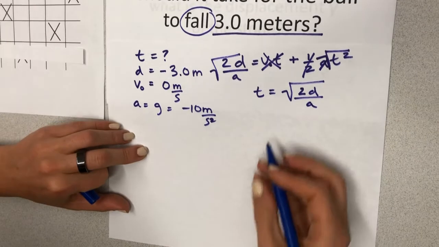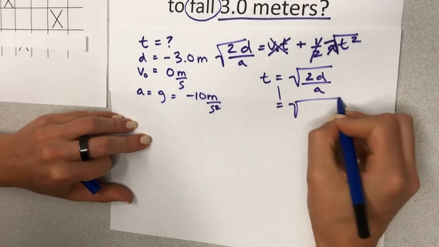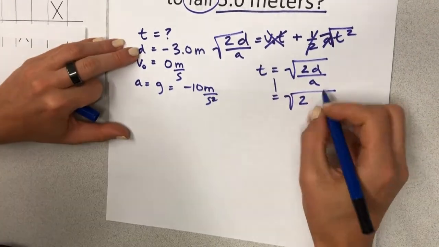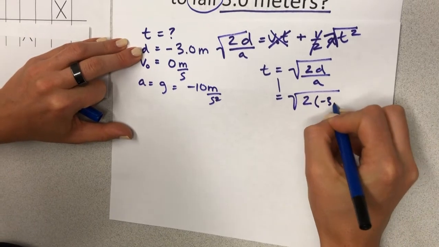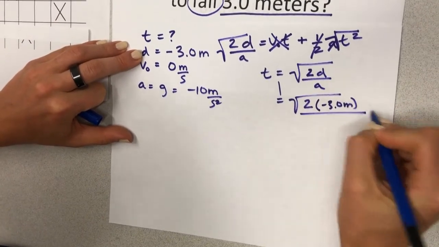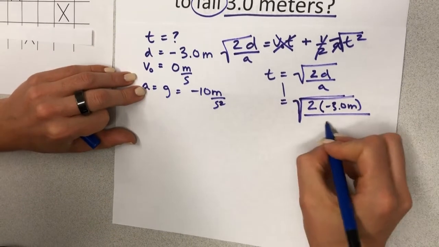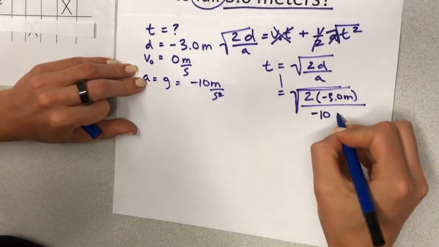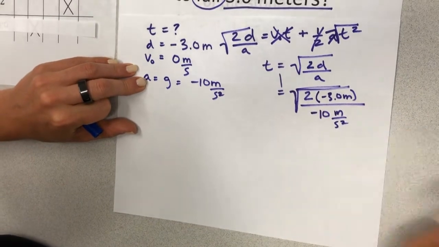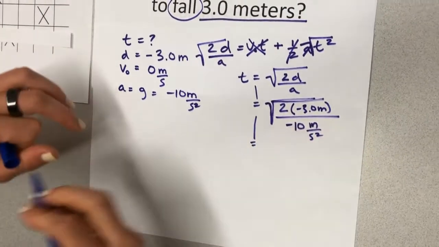Now I'm going to plug stuff in. Square root of 2, and my d was -3.0 meters, and I'm going to divide by my acceleration due to gravity, which is -10 meters per second squared. I'm going to plug that into my calculator right now.